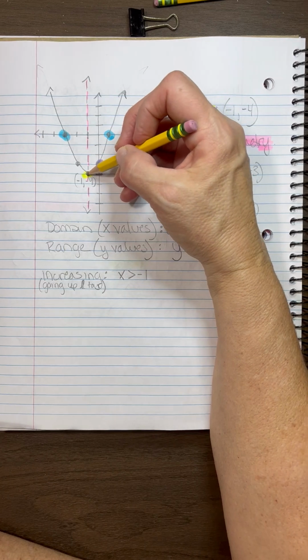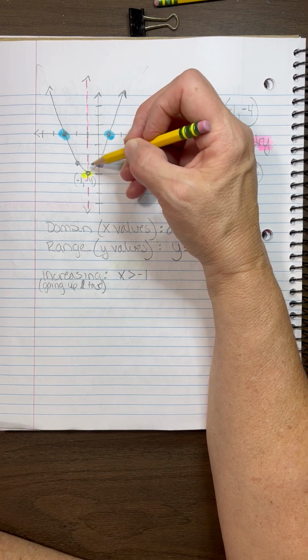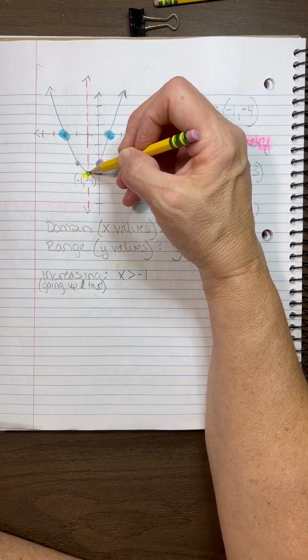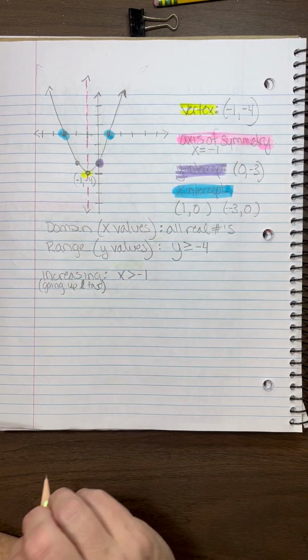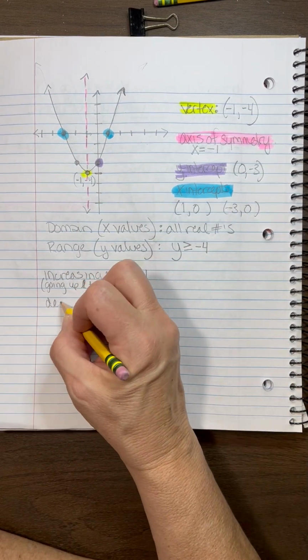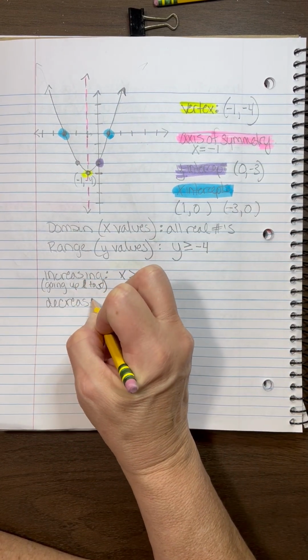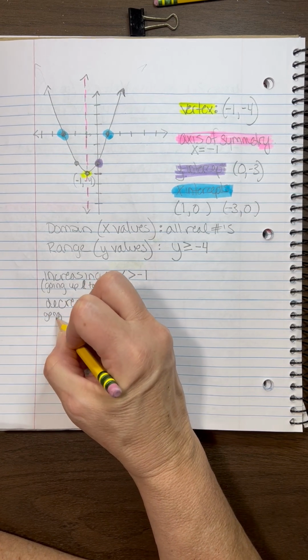So right here, it turns, and then anything to the right of x being negative 1 is going to be increasing on forever and ever. Okay, how about decreasing? So that means going down, left to right.